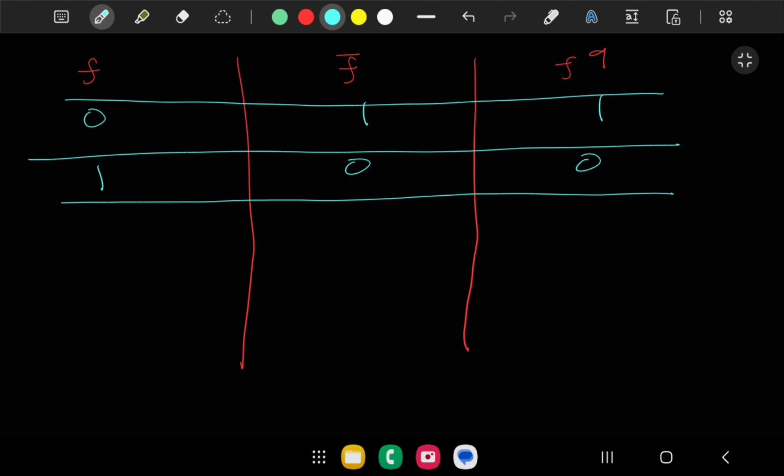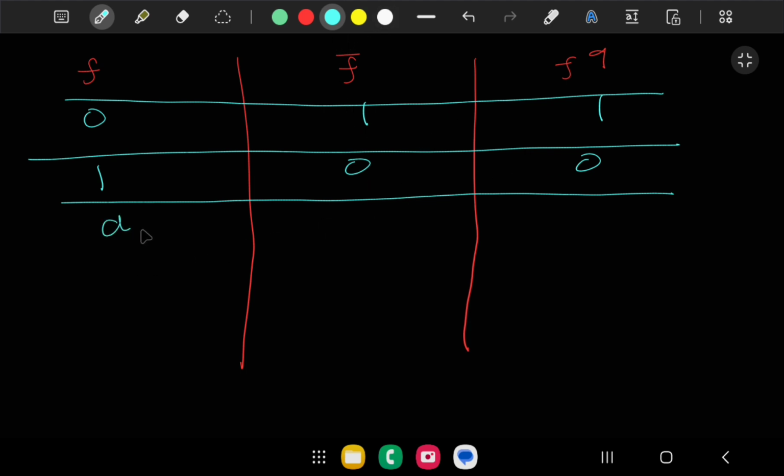Because remember, in complement and dual, 0 is converted to 1 in both, complement also and dual also. Only literal is not affected in dual. Right? Rest, both the things get changed.